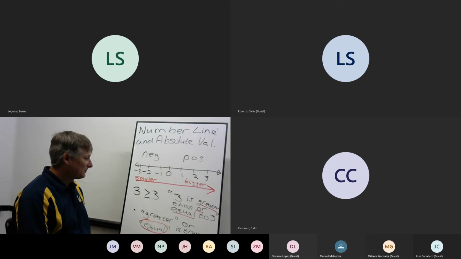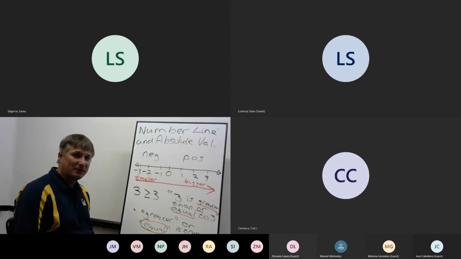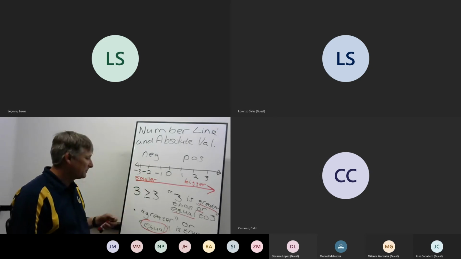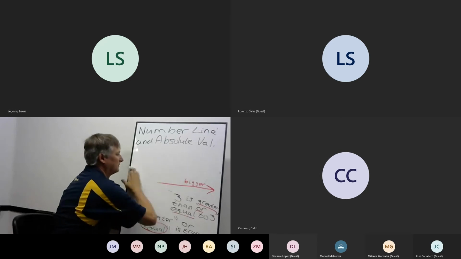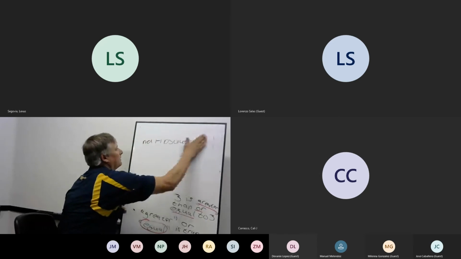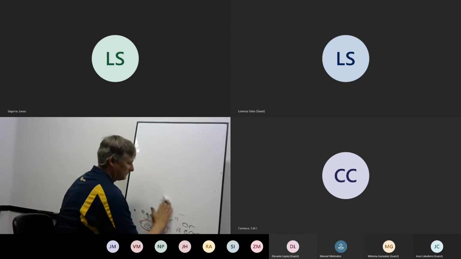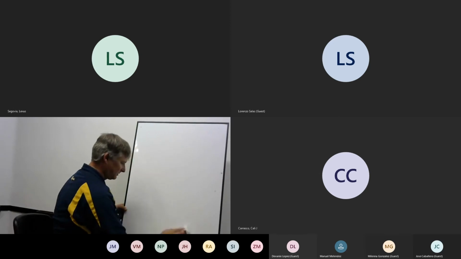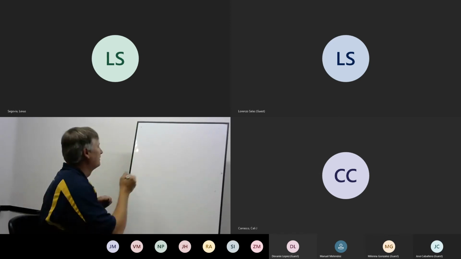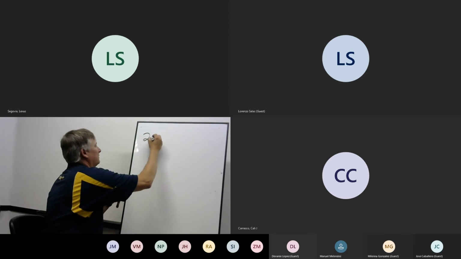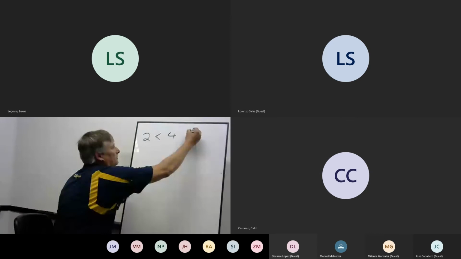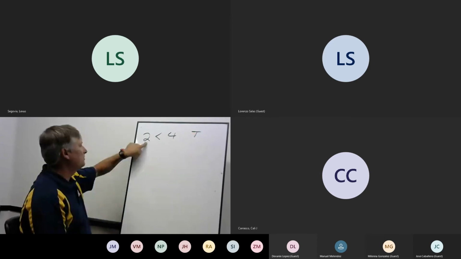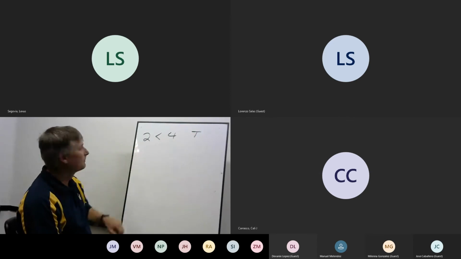Any questions about that? With these, you get a choice. So I'll do some more examples with those, since this can be a little confusing. Well, this is true: 2 is less than 4.